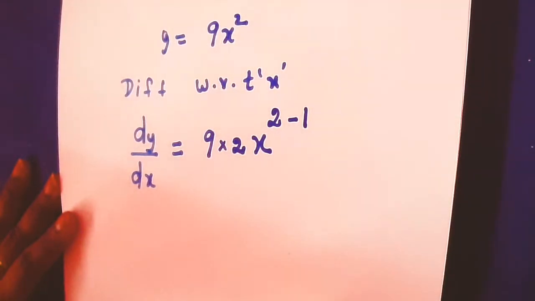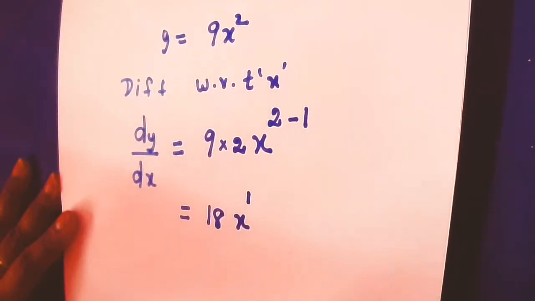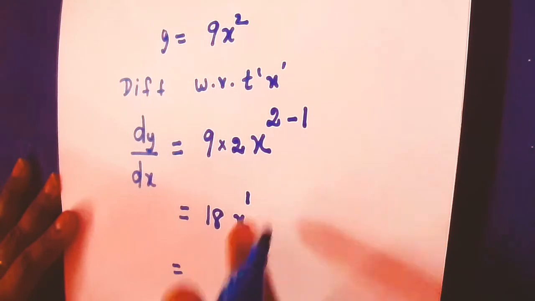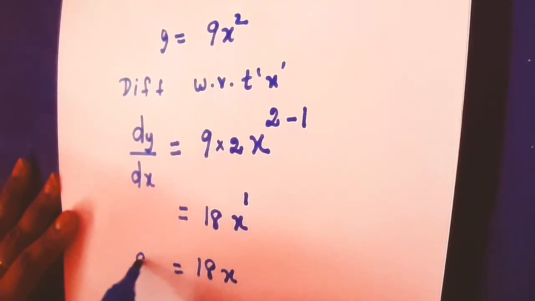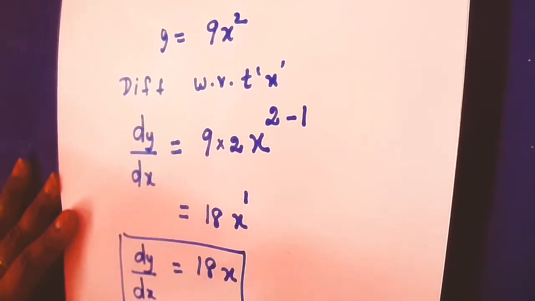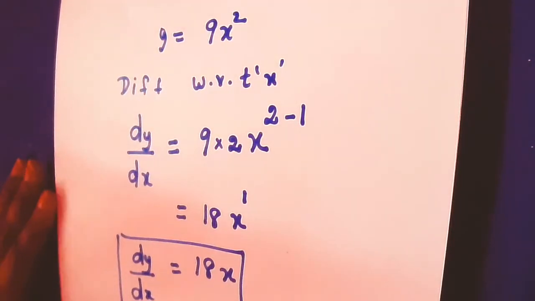So 9 times 2, x to the power n minus 1, which is 2 minus 1. 9 twos are 18. x to the power 2 minus 1 will give you 1. x to the power 1 is x. It is 18x. The answer is 18x.